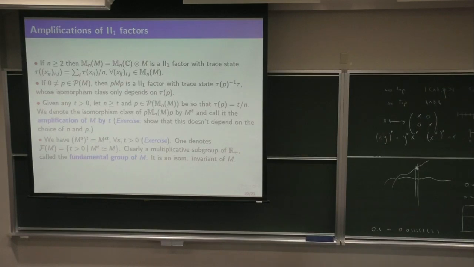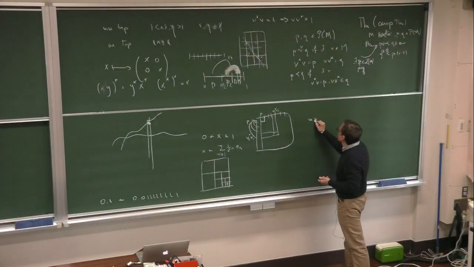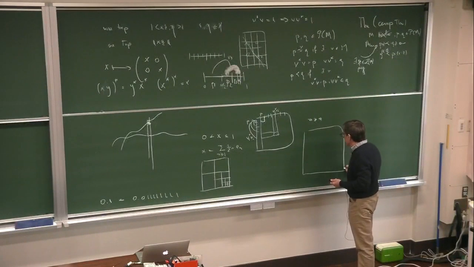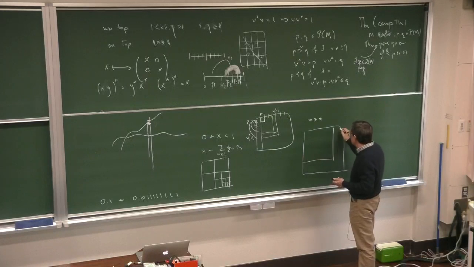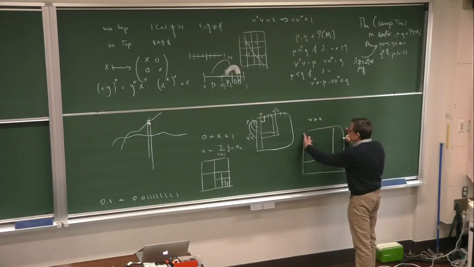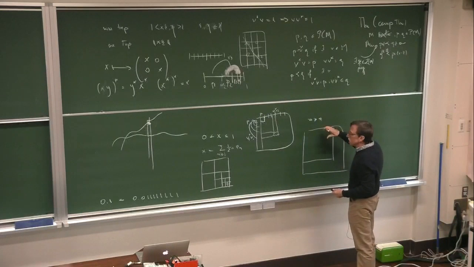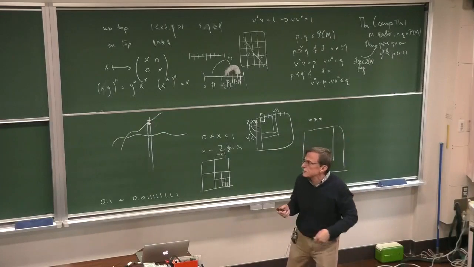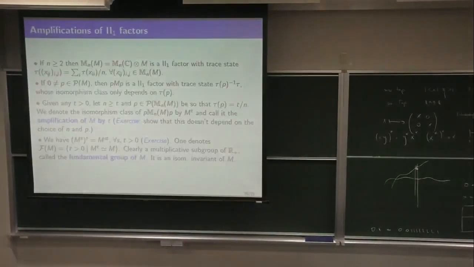If you take m larger than n, you put the n by n matrices as a corner of the m by m matrices. So this is m by m matrices, and this is n by n matrices. And when you cut and do all these things, you see immediately that it's okay.